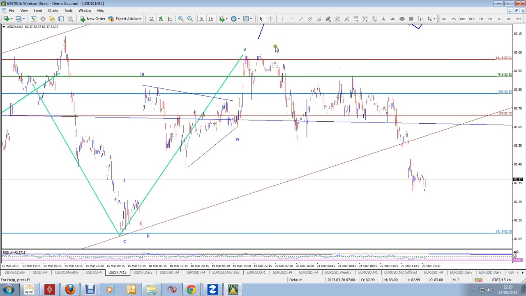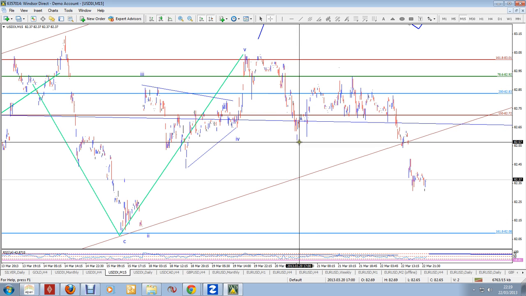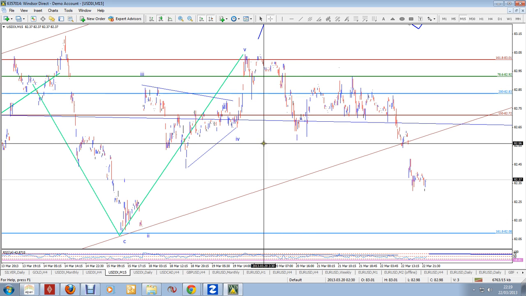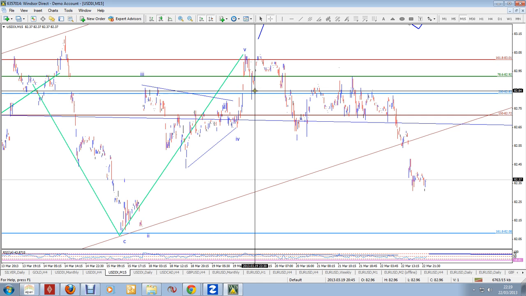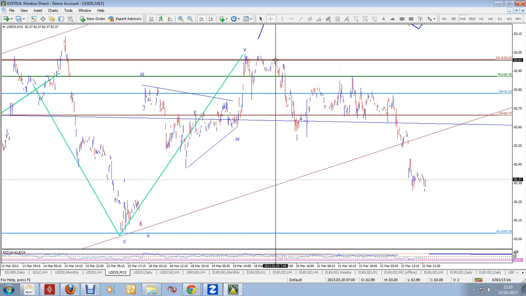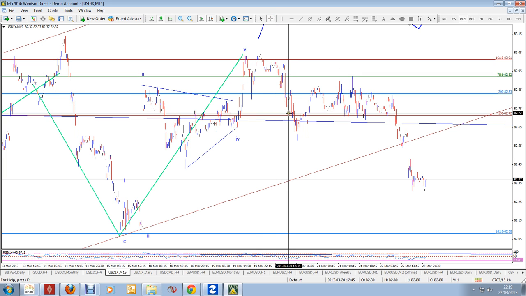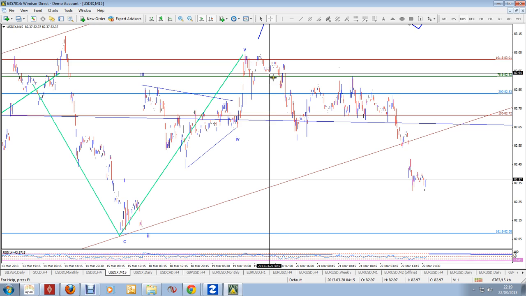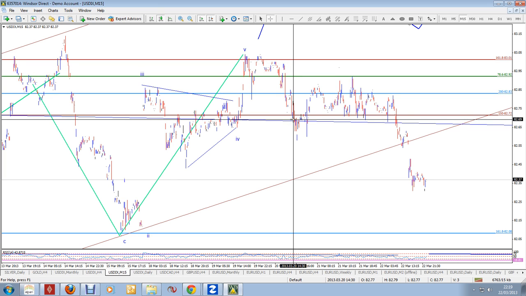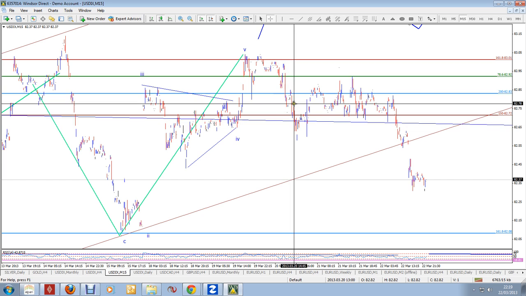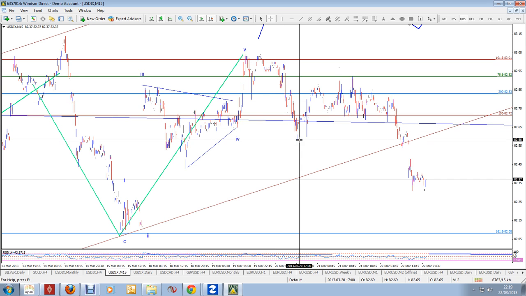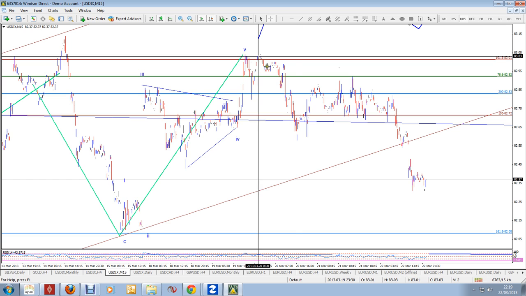It's not ideal, because if this is 1 and this is 2, then over here we are struggling to put a full 5 wave count in place. We might have wave 1, wave 2, then 1, 2, 3, 4 and 5, but that only gives us 1, 2 and 3. So where is the 4?